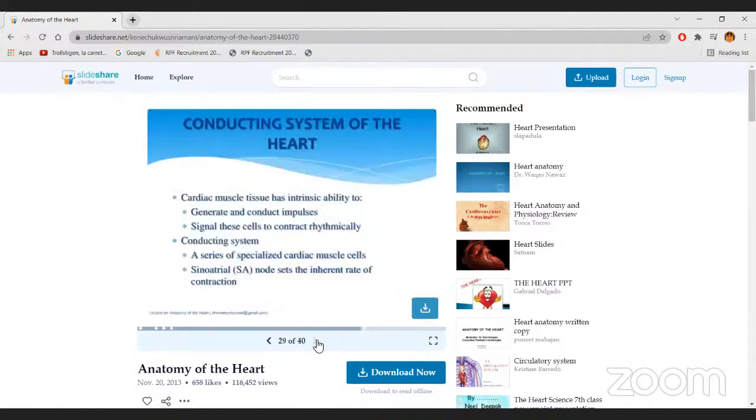Then next one, the conducting system of the heart. Cardiac muscle tissue has an intrinsic ability to generate and conduct impulse signals. Those cells contract rhythmically through the conducting system. A series of specialized cardiac muscle cells, the sinoatrial node, sets the inherent rate of conduction.